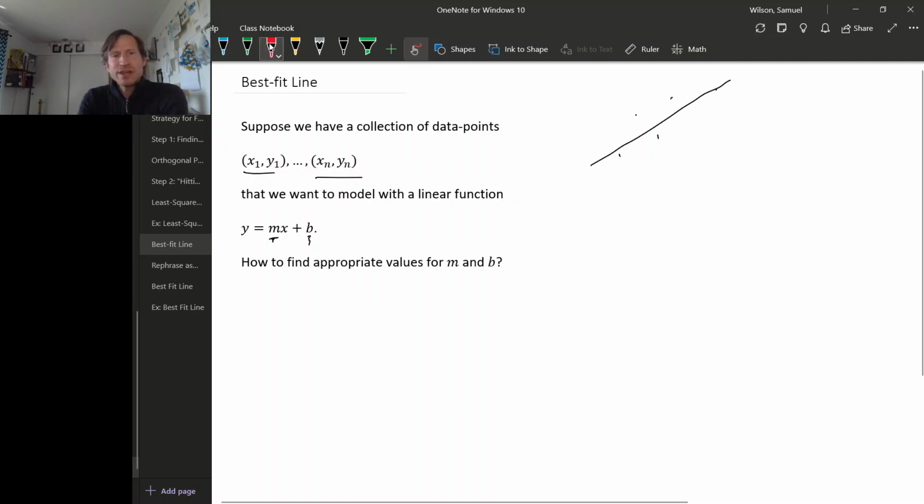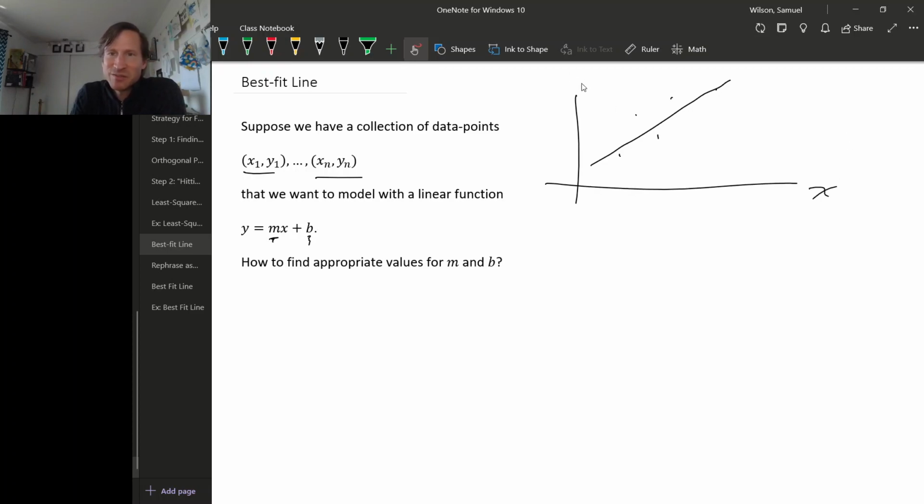And one way to do this is, so if this is all taking place in some coordinate system where we have an x and y coordinate, one way to decide what we mean by the best fit is just to insist that for every x coordinate where you have a data point, measure the distance between the data point that you have and your line.